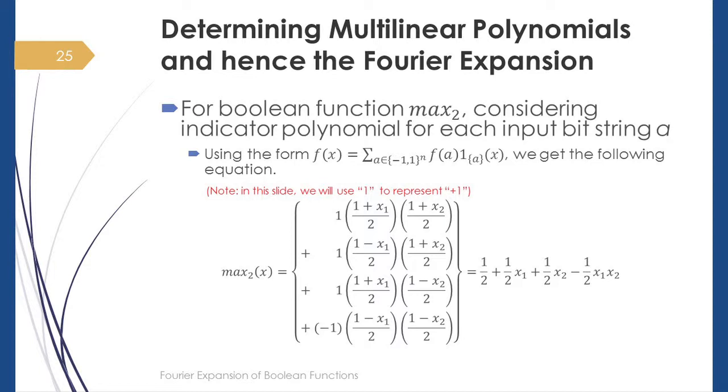What you have really is the first term is (1 + a1 x1)/2 times (1 + a2 x2)/2, where a1 and a2 are 1. Second, the value (1 - x1), because the value a1 is -1 in this case, the input is -1, times (1 + x2)/2, and so on, which gives us the particular simplified value.